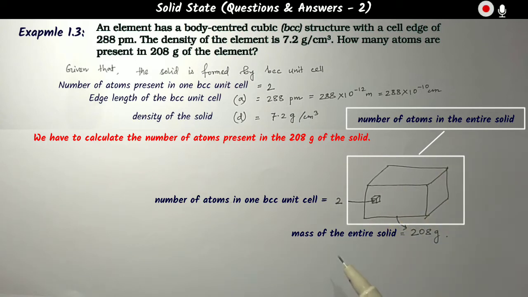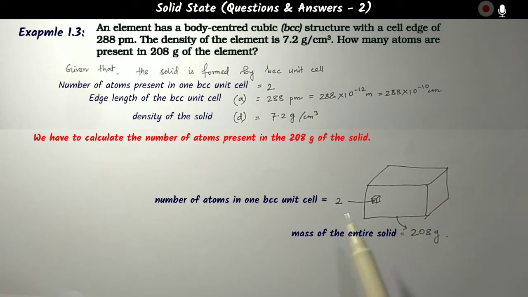If we calculate the number of unit cells present inside the solid, then we can also calculate the number of atoms. We just have to multiply the number of unit cells by 2.